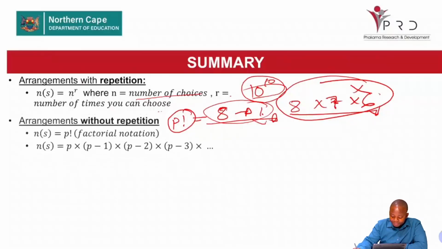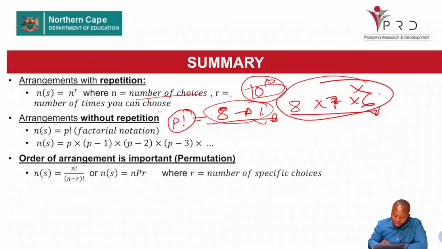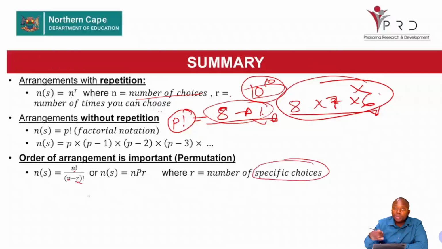Let's proceed. We have order, where order of arrangement is important, where we have a special choice or a specific choice, where we say we have the total over the total. How many specific choices or special restrictions do I have? Maybe 2 or 3. Then we talk about those 2 or 3 choices. Or there is another way of doing this, where we utilize our calculator.